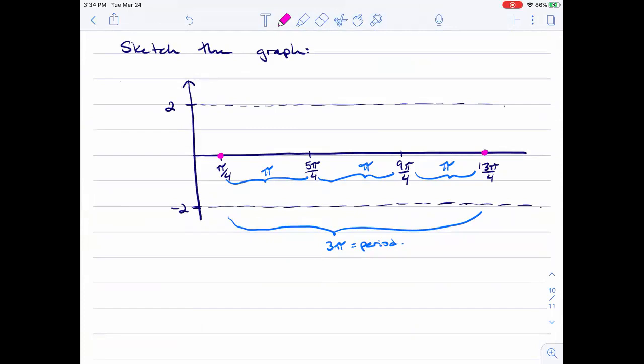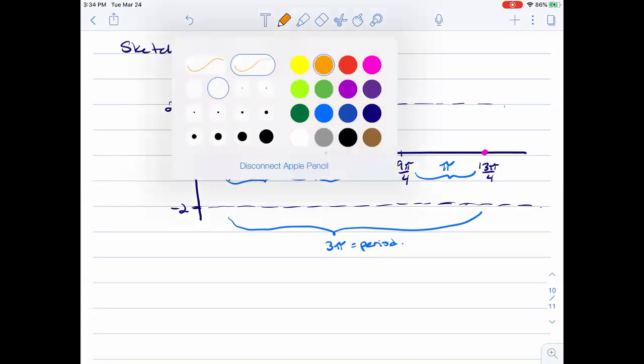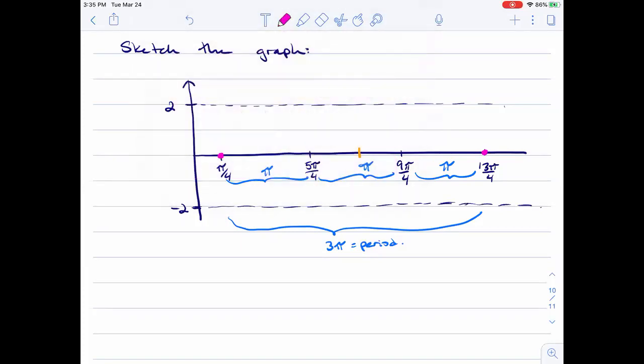And so here, I'm going to go an amplitude of 2. So the halfway mark here is going to be at 1.5 pi. Right? So this is where I'm going to cross over. So what it's going to look like is I'm going to go wee. Something like that.